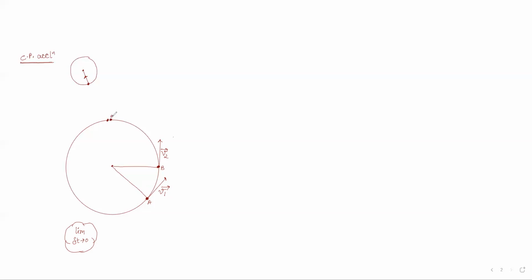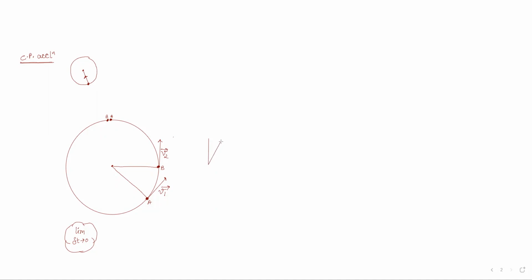So this may be our point of analysis A, and this is the point B. And for simplicity of explanation, we had taken this point like this. Now if we analyze this situation using vectors, we have one vector v2 in this direction, and the second vector v1 like this.